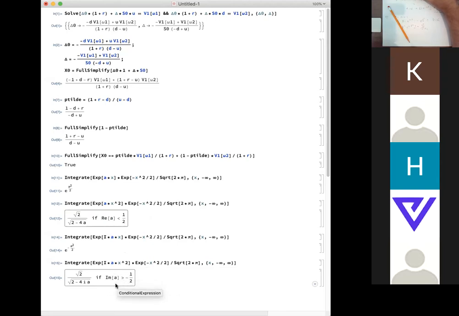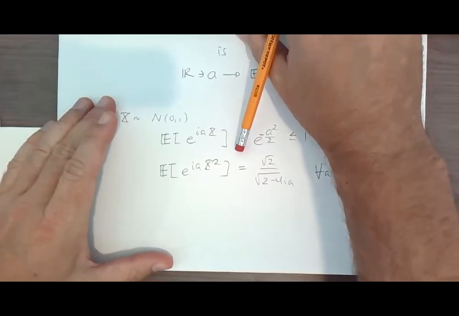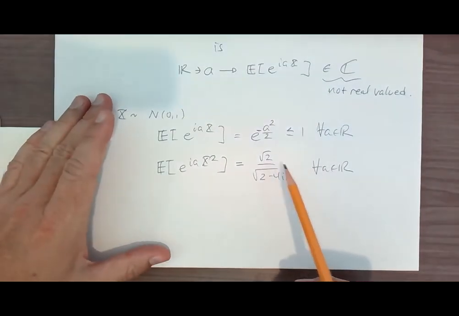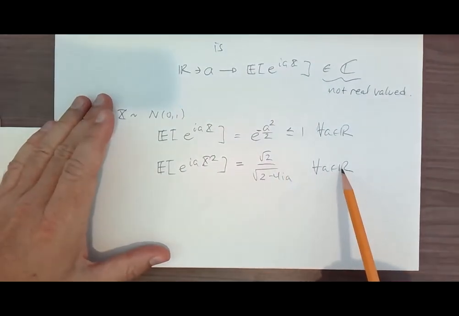So the condition that Mathematica has listed is valid, because for us a is real, so the imaginary part is equal to 0, and 0 is bigger than minus 1 over 2. So we have the formula for any a in R.